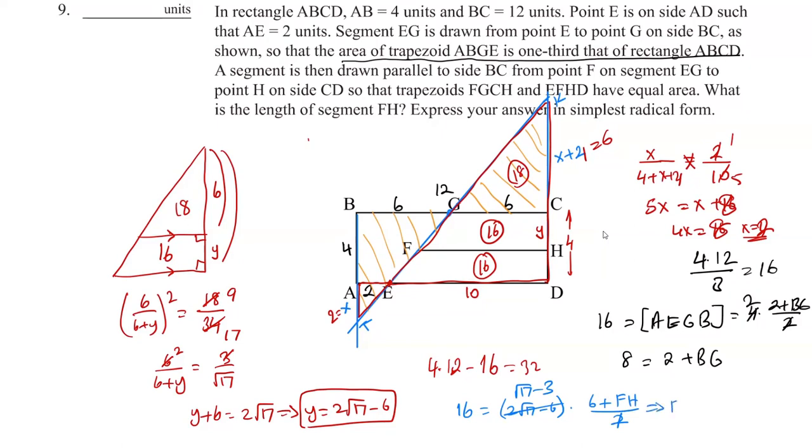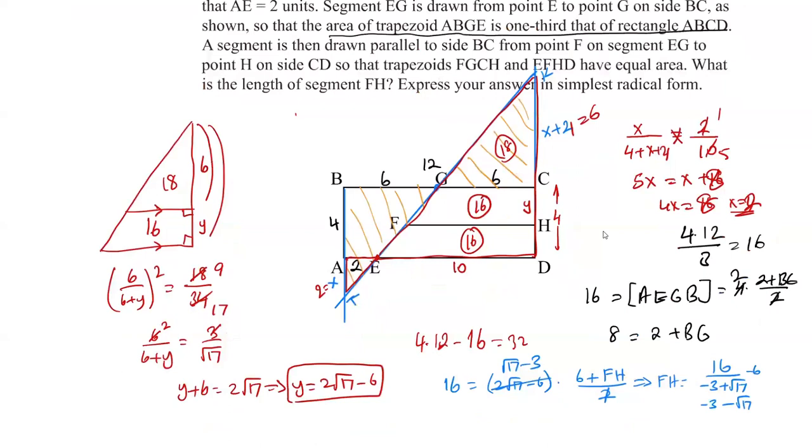So FH is going to be 16 over negative 3 plus root 17, and we will subtract 6 after. Okay, so it looks too complicated already. If you just multiply the fraction by negative 3 minus root 17, because we want to cancel that irrational part, we should be okay.